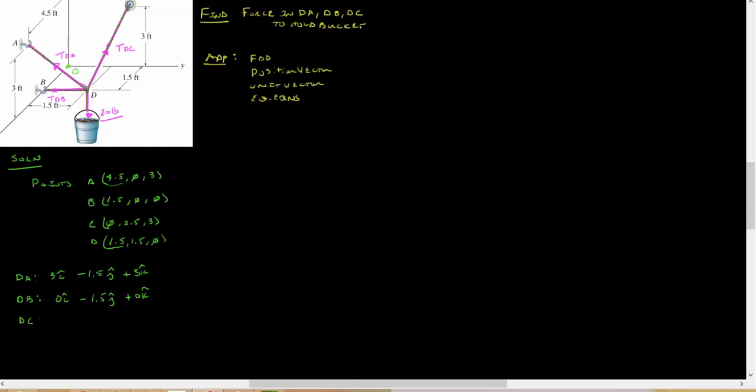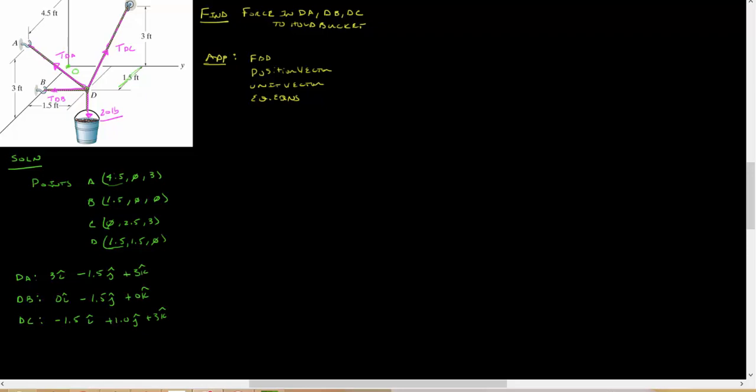And then my last one, dC, I got negative 1.5i. And how do I get that? Going from D to C. So I'm going up here. So my x, you can see I'm going negative, and that would be my distance of 1.5. And then I've got plus 1.0j plus 3k.